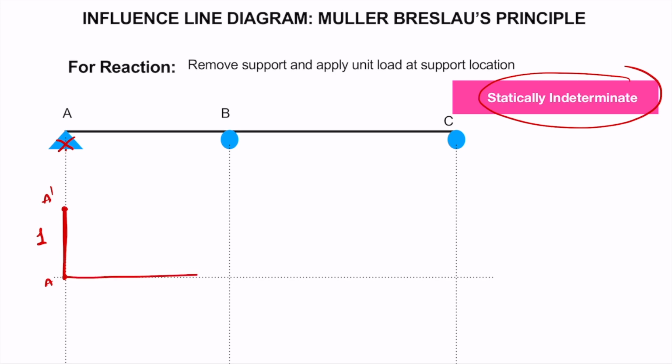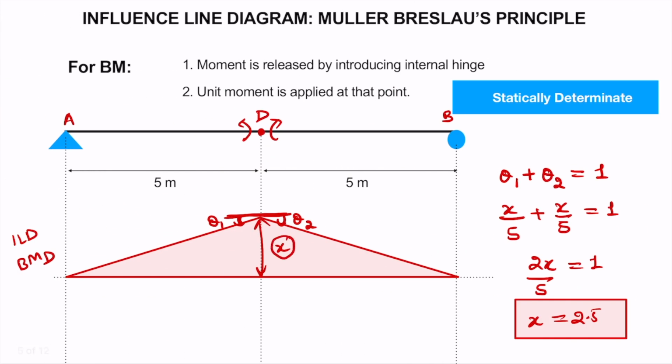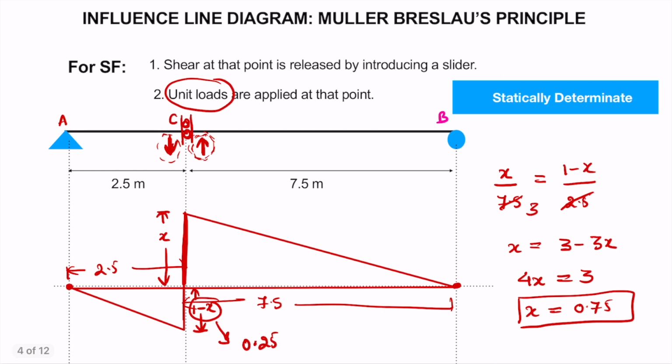Now let's see what is the deflected shape of the beam now. So the deflected shape of the beam will roughly be, the beam will deflect roughly in this manner. So for statically determinate beam, we could find the values at different points. Suppose here we could find the value of x using the geometry. Here also we could find the value of x.